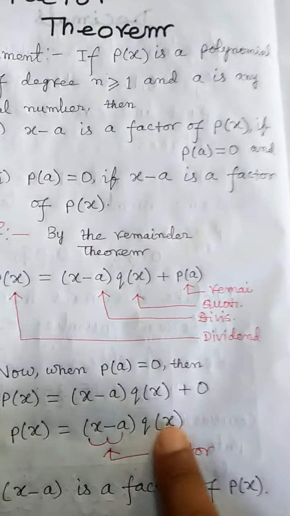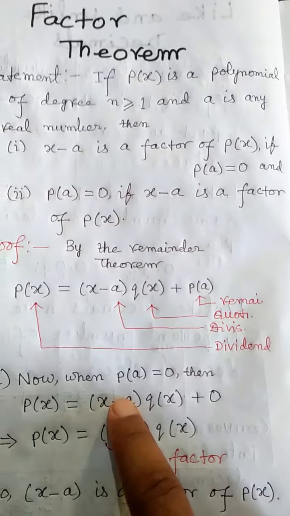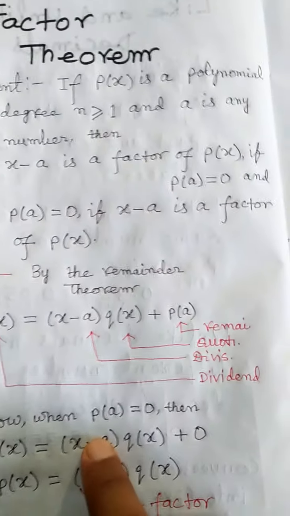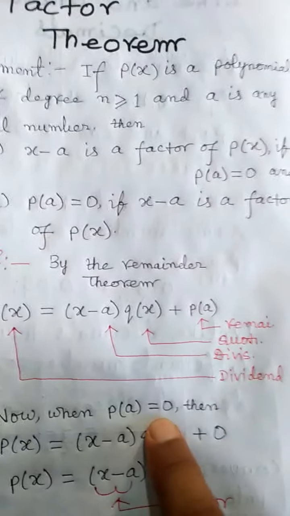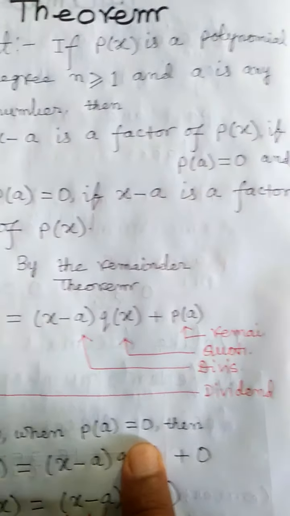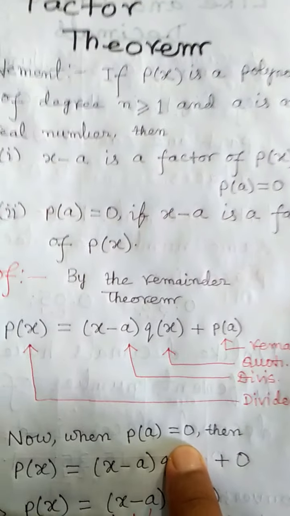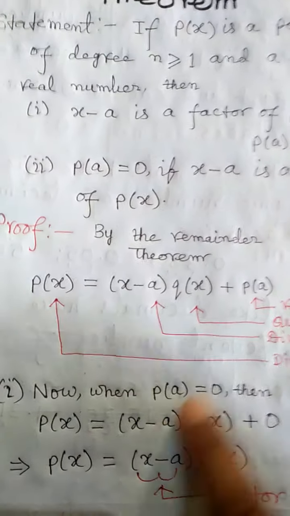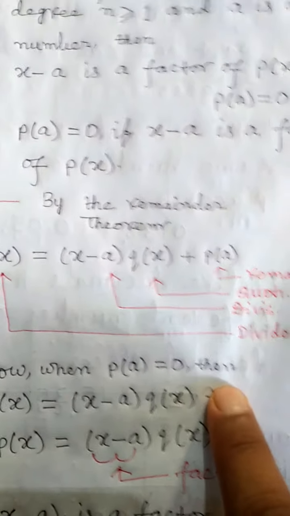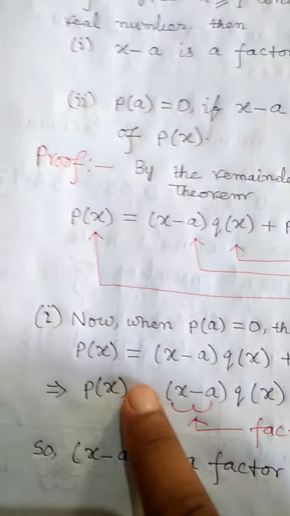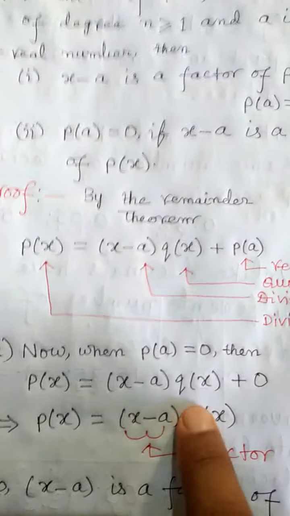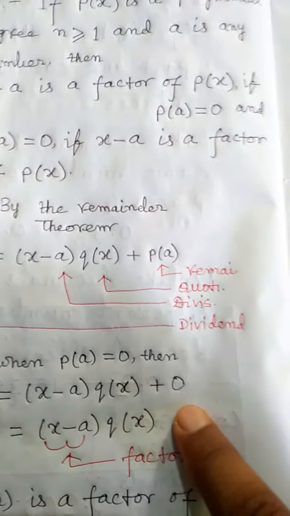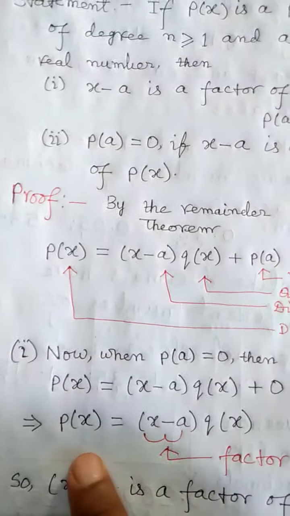Now try to solve it. In the first case, P(a), that is 0, is given here. Then I will put the value of P(a) here. Now when P(a) is equal to 0, put this value 0 here.